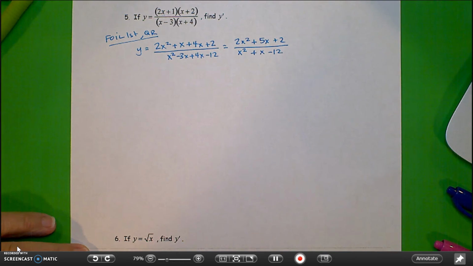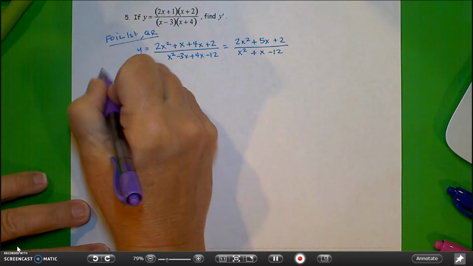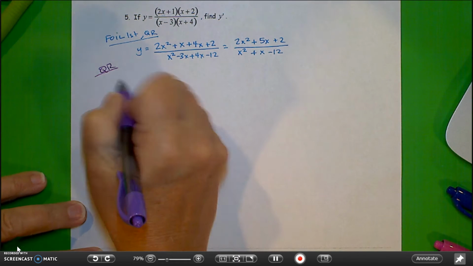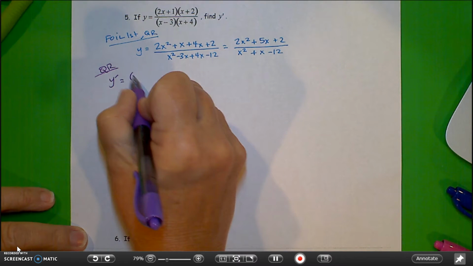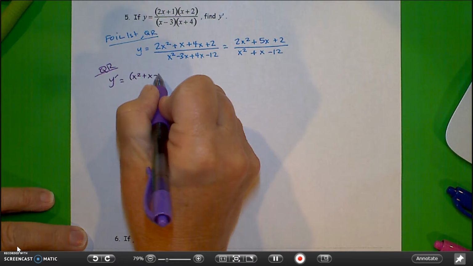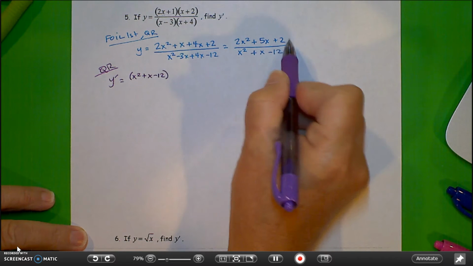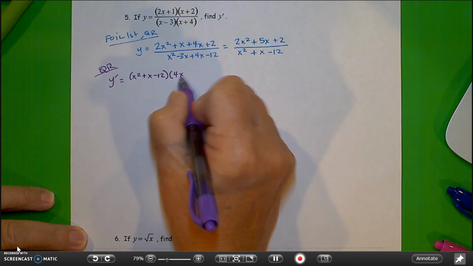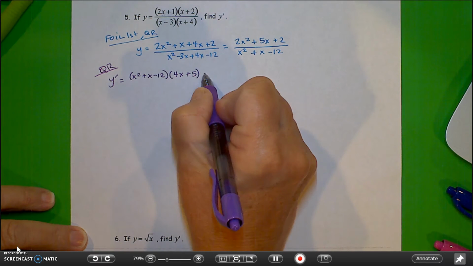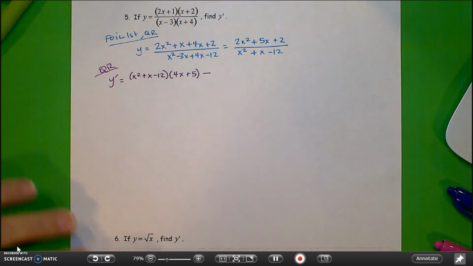And I'm going to use the quotient rule. So, quotient rule. Here we go. y prime equals the bottom function, x squared plus x minus 12, times the derivative of the top function. So the derivative of that is just 4x plus 5. Minus is always used in the quotient rule.